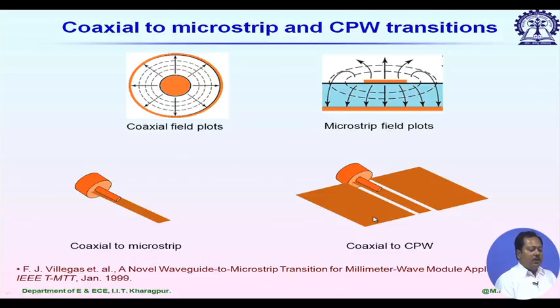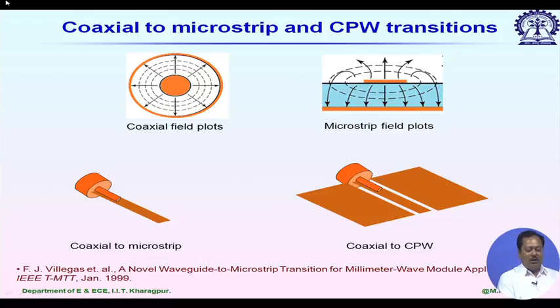Similarly, we can also excite a CPW line. For a CPW line, you see the electric field starts from the signal line and terminates into the ground. So, we can again use the TEM mode of the coaxial line to excite the quasi-TEM mode of the CPW line.